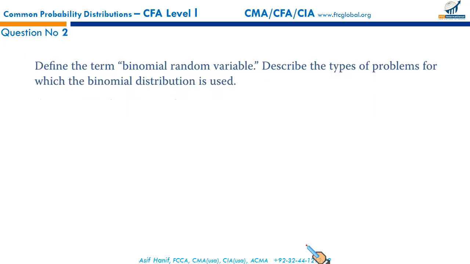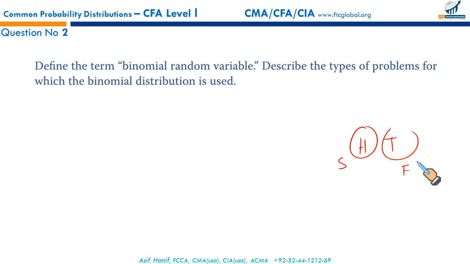Next. Define the term binomial random variable and describe the types of problems for which the binomial distribution is used. First, binomial random variable: for example, if we toss a coin, either the head would appear or the tail. Only two possible outcomes. So number of successes, for example, if tossing a head is success and tossing a tail is failure.